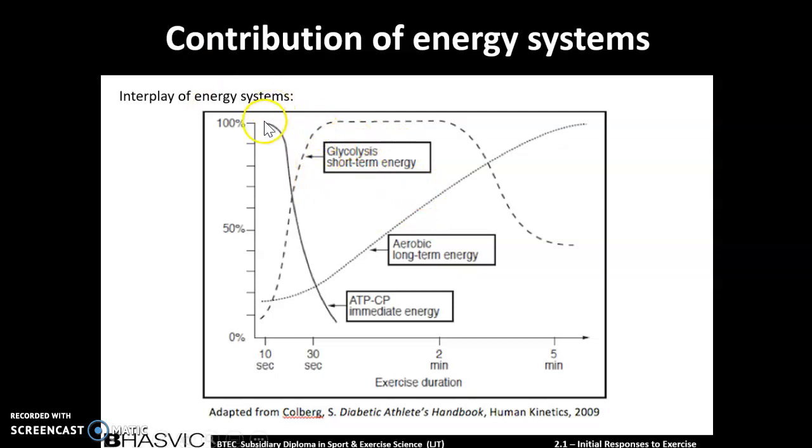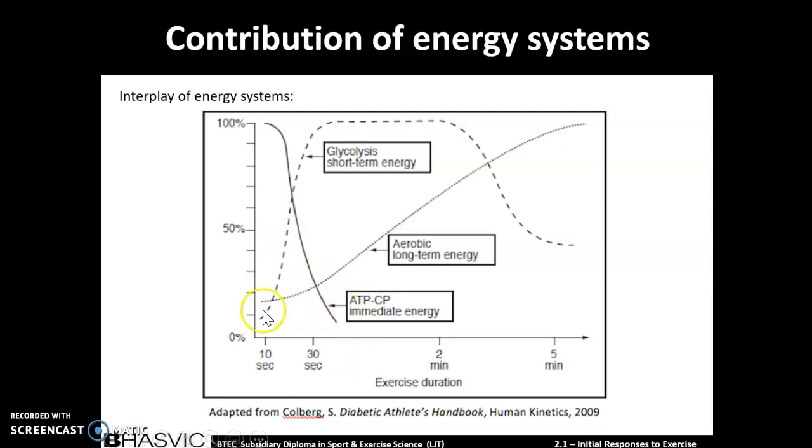Now this shows the interplay of the energy systems. In the first few, just past 30 seconds, you can see that the ATP-CP system is working, and then once here it uses up all its energy, so it can't contribute any longer.